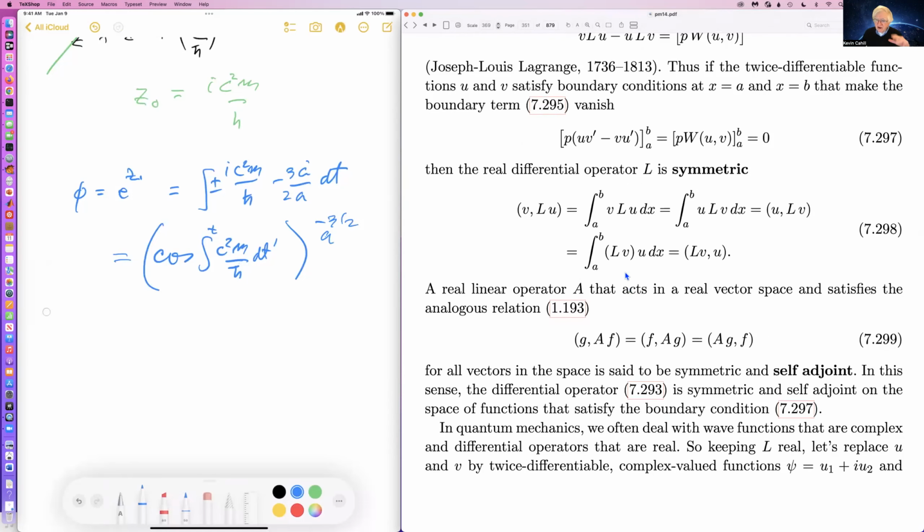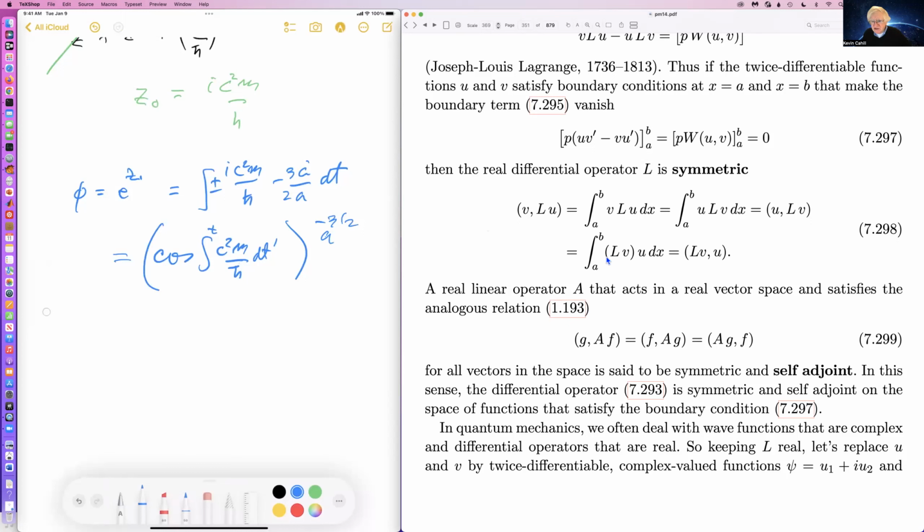And then if you have functions such that this Wronskian term vanishes at the endpoints, then what we've got is a self-adjoint system, or we can say L is a self-adjoint operator on this system, so to speak. The mathematicians are more cautious than we with language.